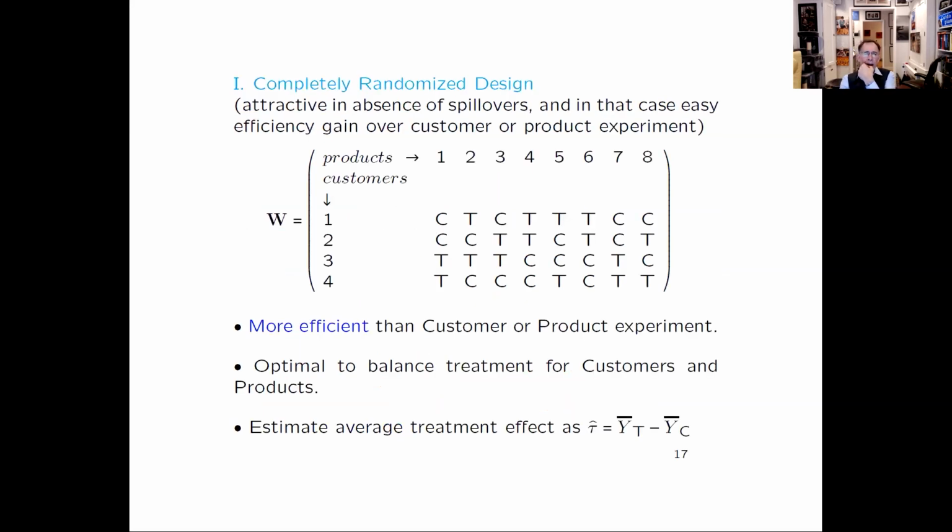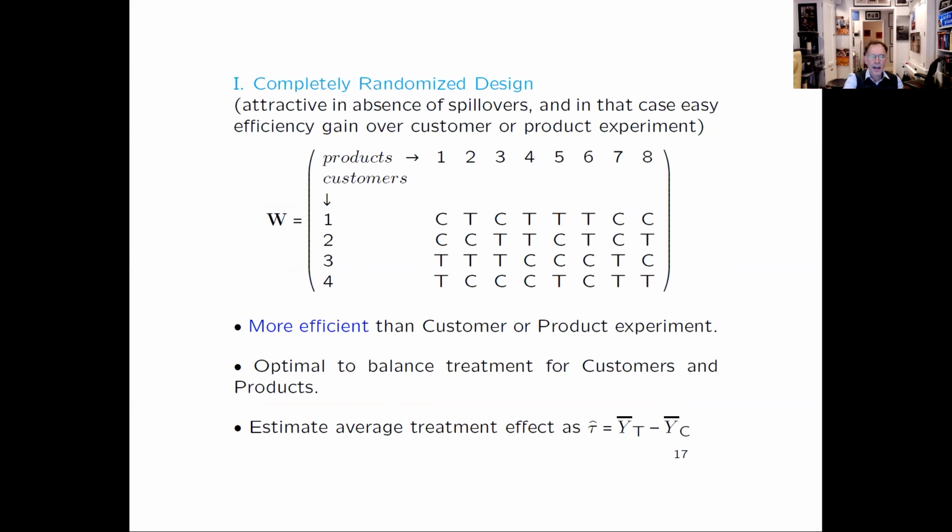Now, the easiest case to look at is one where there are no spillovers at all, where we're confident that treating one particular pair doesn't affect the outcome for any other pair, even if it's the same customer but a different product, or the same product but a different customer.